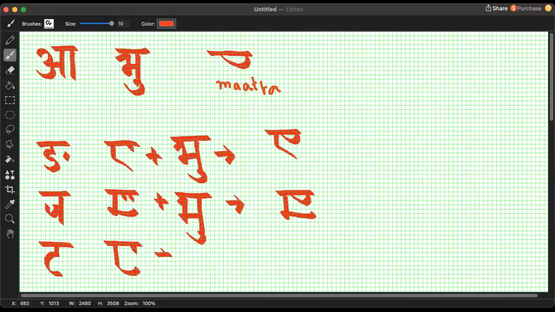To this we'll add A. First we'll write the left part of the alphabet as it is, this long line and a curve at the bottom. And here on the right side, the small line will take up this form. So this is ta.